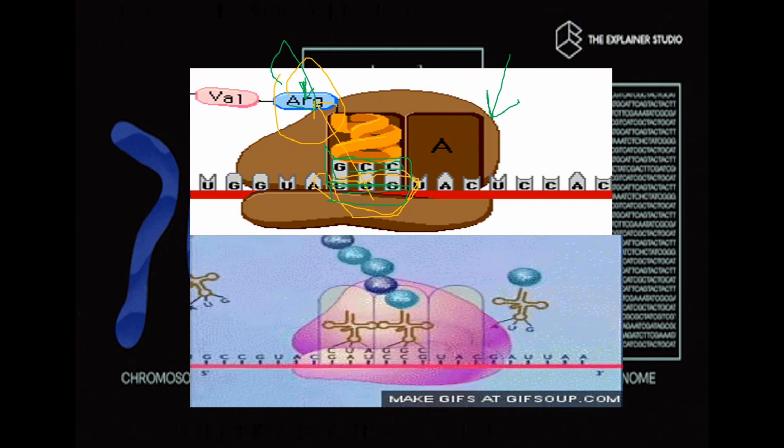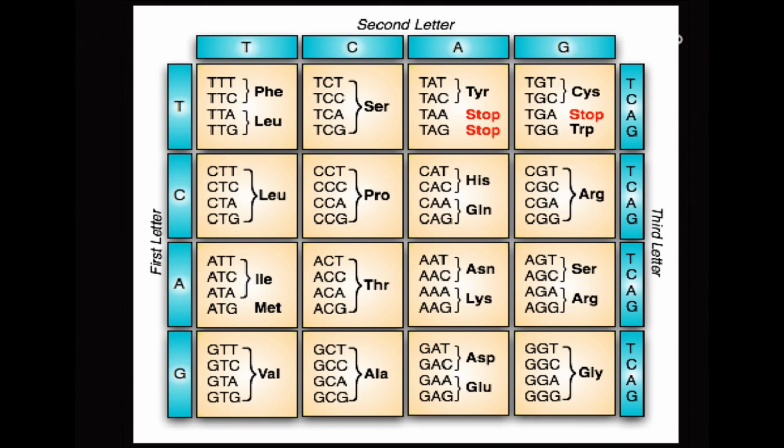Clear? So guys, if you think, the anticodon is actually related to the DNA that we started with, because the mRNA was the complementary copy of the DNA. Then by the end, the mRNA again met the tRNA.